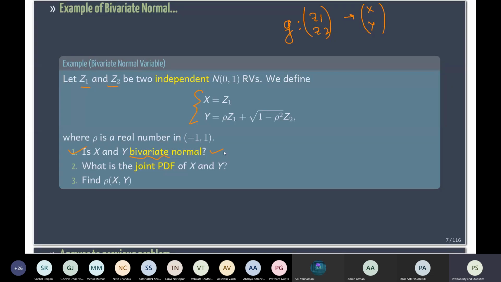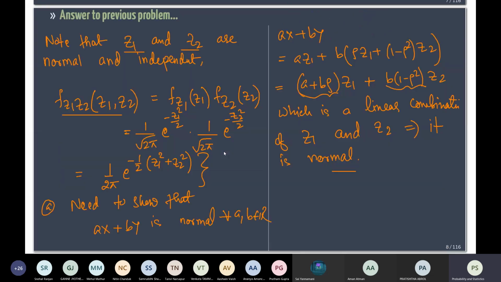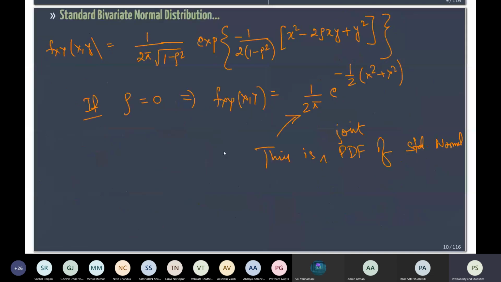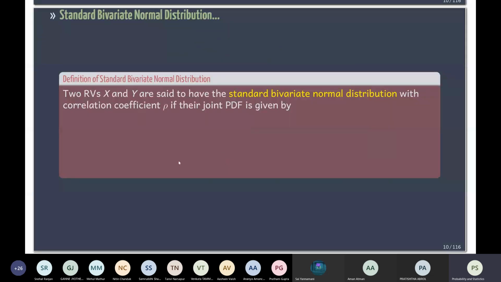We are doing it in a reverse way, and this is what we are going to use in defining the general case. So let us see what I'm going to define now. Two random variables x and y are said to have standard bivariate normal distribution with correlation coefficient rho if their joint PDF is given by this. So this is exactly what we derived.